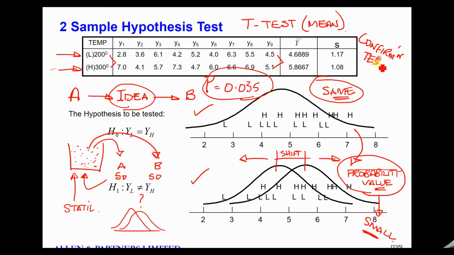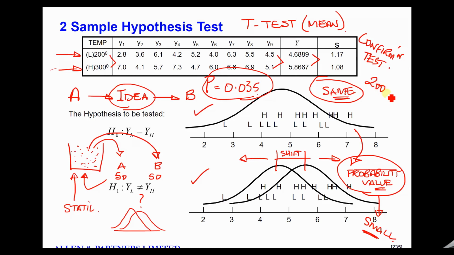Okay, do a confirmation test. So if you look at this shift here, what have you moved it by? You've moved it by about 1.2 points. The mean shifted from 4.6 to 5.8. So what you would now want to do is to do the same thing again. You'd want to go back to the process. You'd want to take two samples.